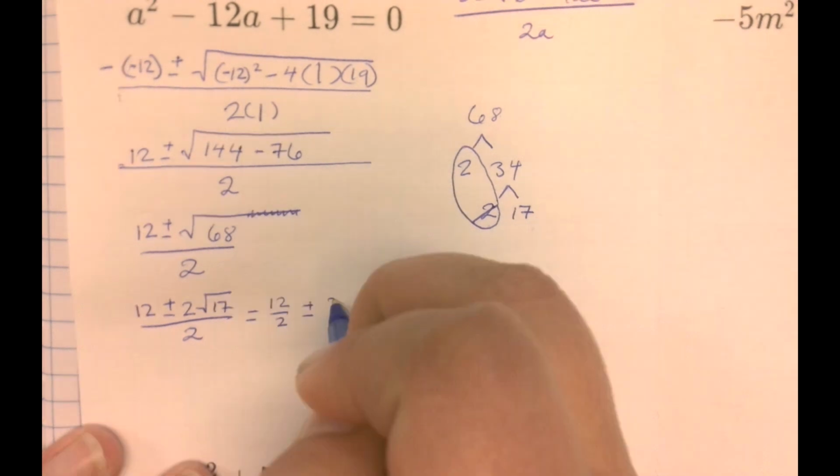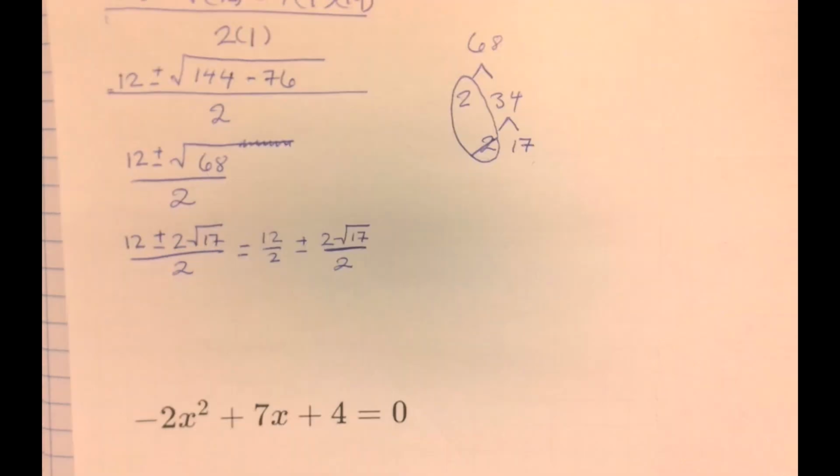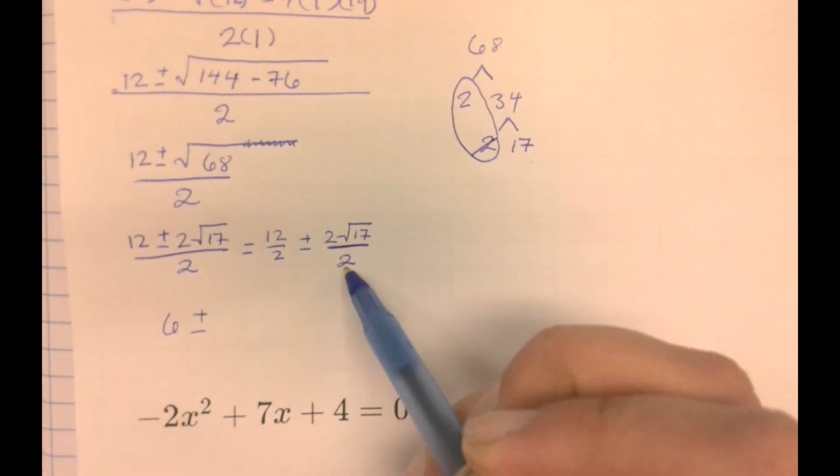Yeah. So if I can do it out of both, we're going to separate them. What's 12 divided by 2? Yeah. What's 2 divided by 2? Yeah, so we don't need it.